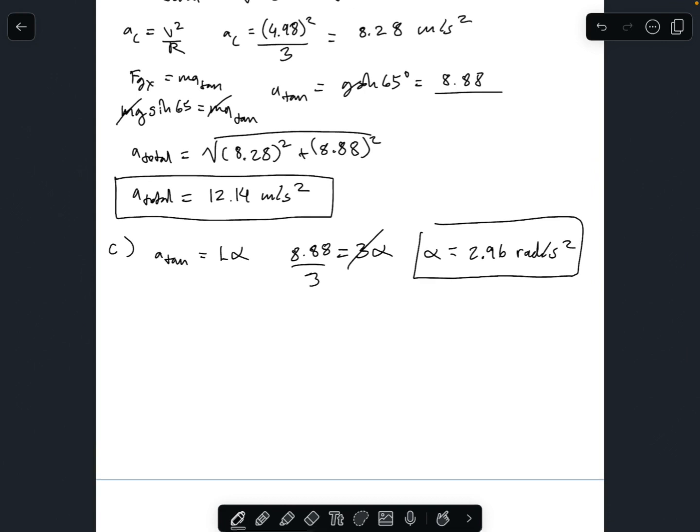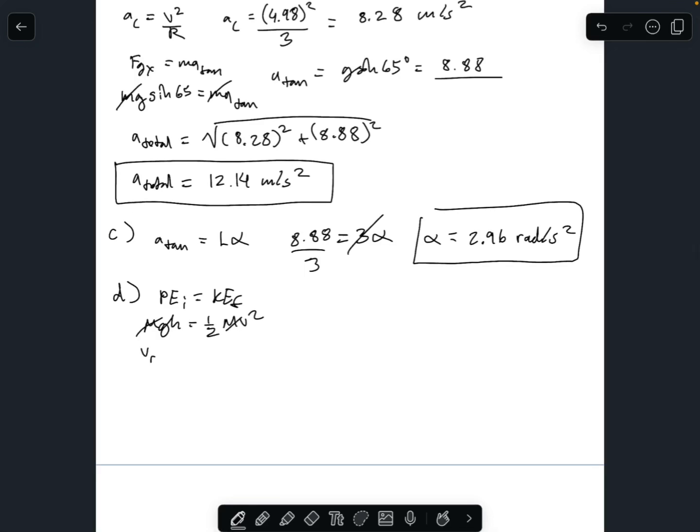For part D, it asks for the tension in the string at the lowest point, just before it strikes the block. In order to do that, I need to find v when it reaches the lowest point, because finding v will give me FC, and after that I can find T. First I'm going to use conservation of energy: mgh equals 1/2 mv squared.